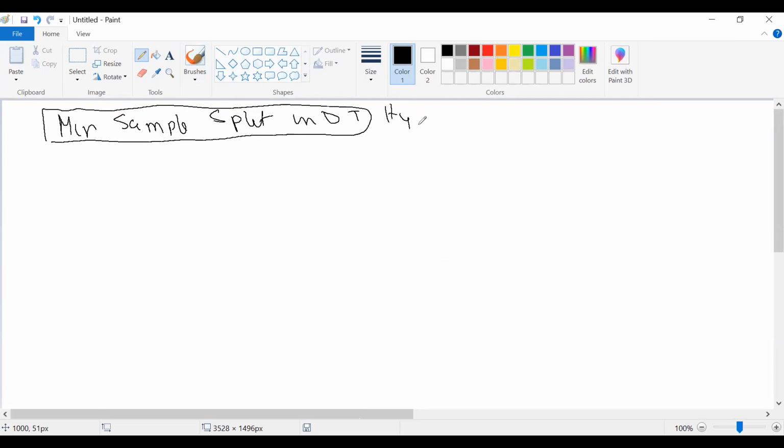It is an example of a hyperparameter which the user can control. Suppose you have given minimum sample split as 75. Now what is the meaning of this 75? Let me take an example. Let me say at the starting you had 1000 records.